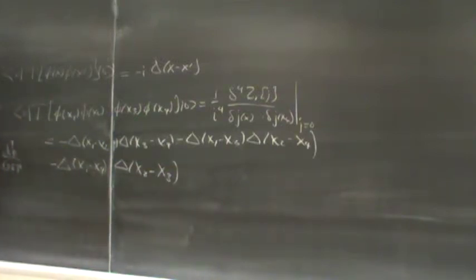So it's a product of propagators. That's what the 4-point thing is.